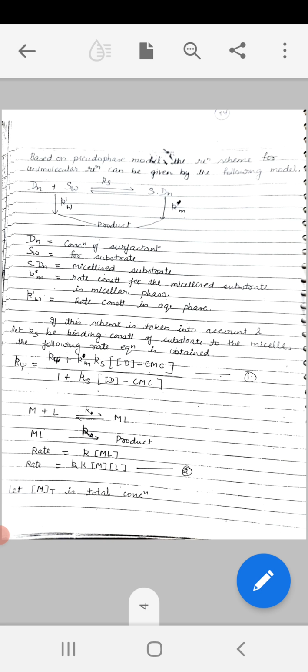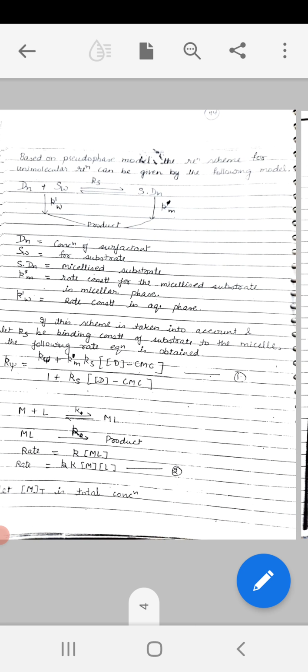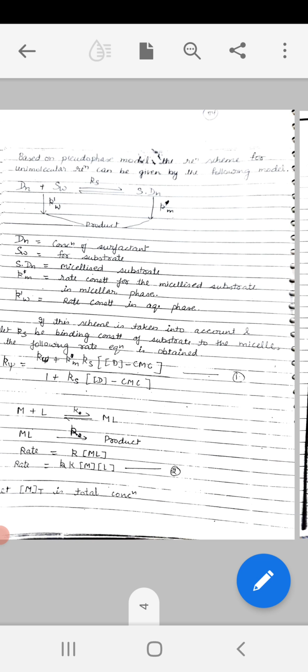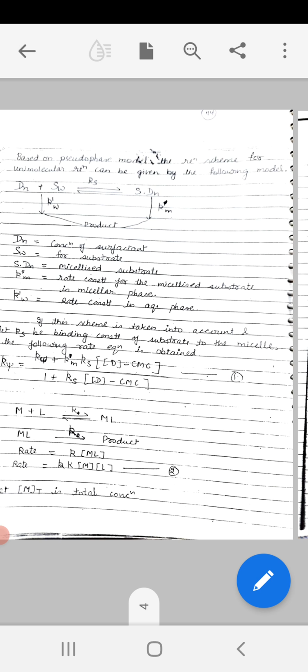Based on the pseudo phase model, the reaction scheme for a unimolecular reaction can be given by the following model. Dn plus Sw with a rate constant of Ks is converted into SDn. This, with rate constant of Km, is converted into product.